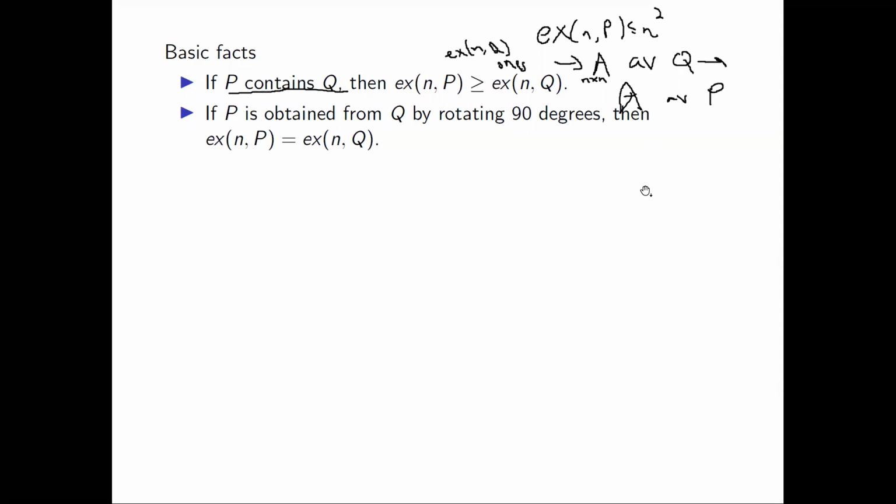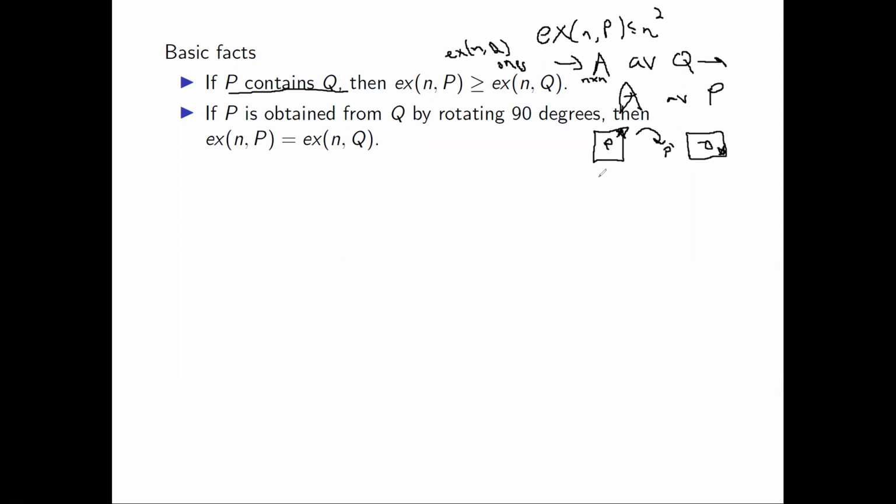Here's another basic fact. Suppose you have some matrix P. So here's P. And then you rotate it 90 degrees. Let's call that one P prime.